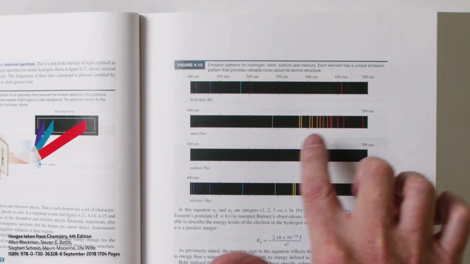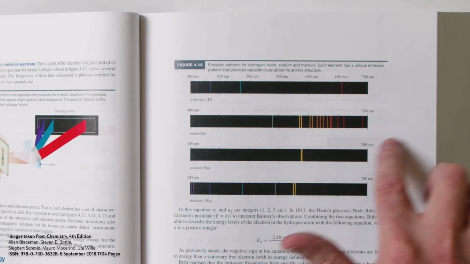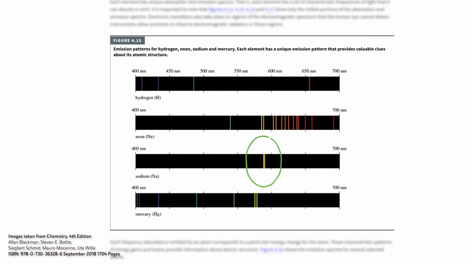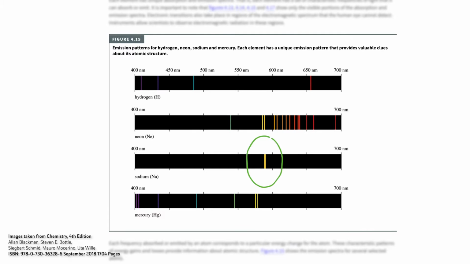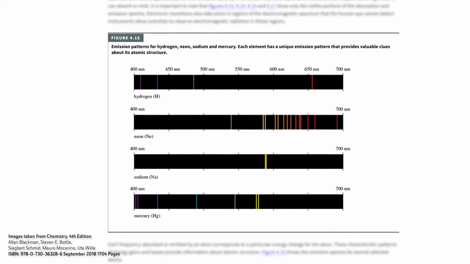Again, it consists of a series of discrete lines, but these are more in the red region of the spectrum, around 700 nanometers, and that's why neon lights are that beautiful red-orange color. Sodium street lights are orange-yellow, because sodium atoms emit orange-yellow radiation, and so on.